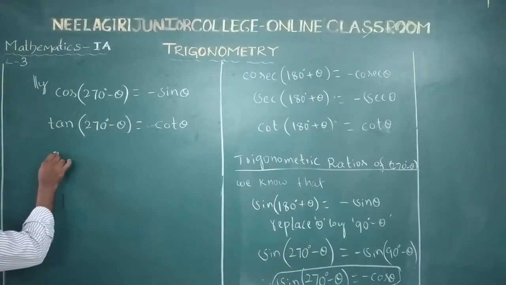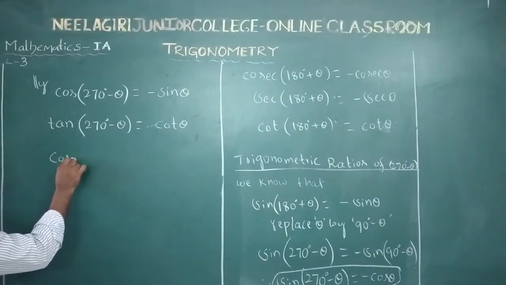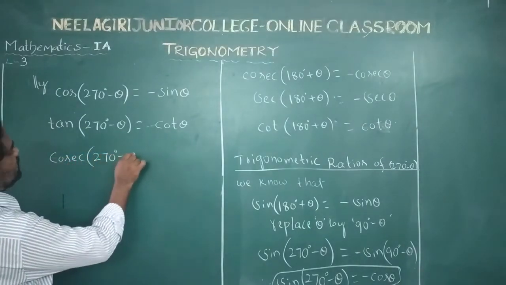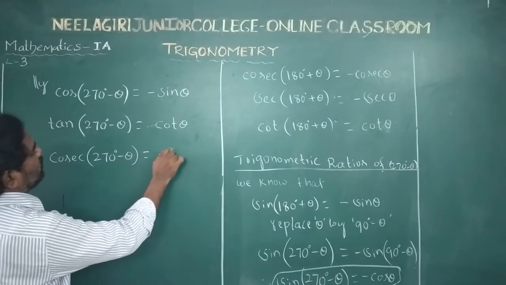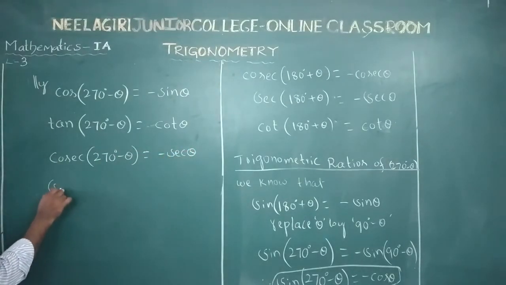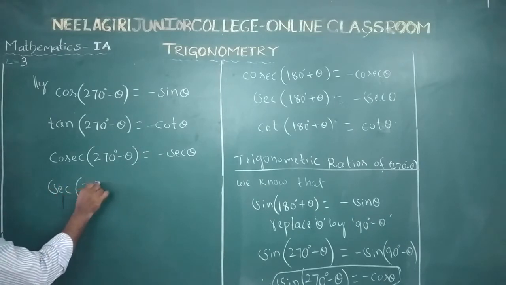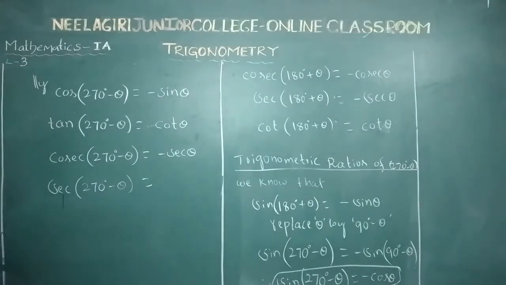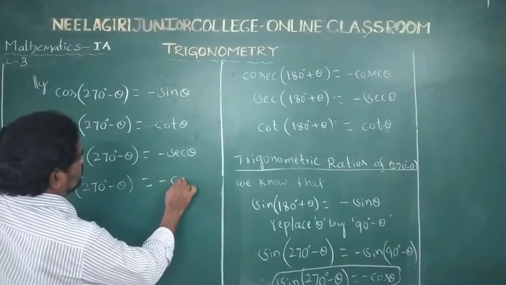Next, cosec 270 minus theta equals minus sec theta. Sec 270 minus theta equals minus cosec theta.